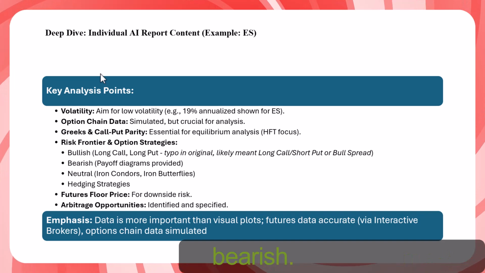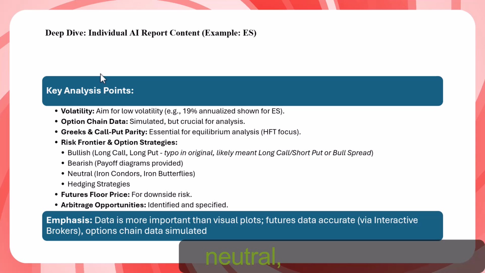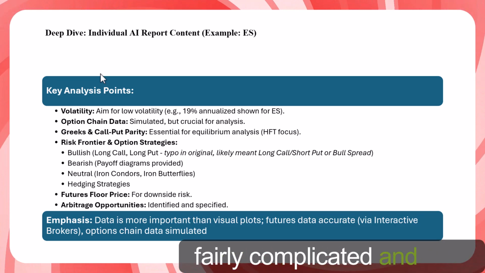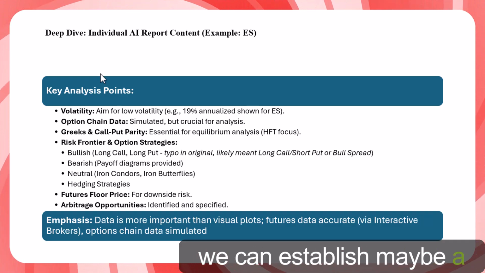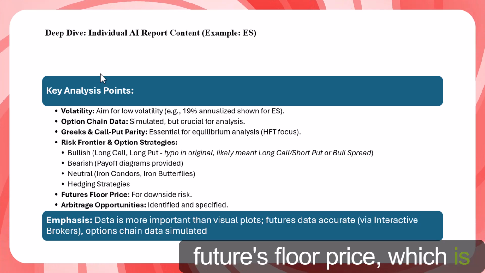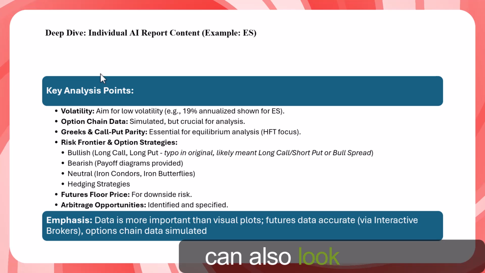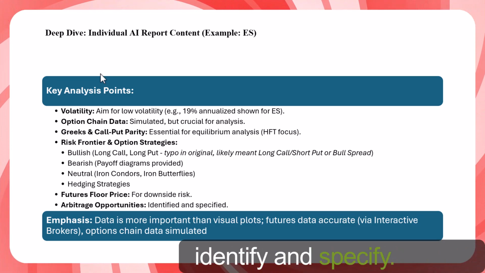Could be bearish, with all payoff diagrams, of course, or neutral, be it iron condor or iron butterfly, which are fairly complicated. Then there could be hedging strategies as well. We can establish maybe a futures floor price, which is going to limit your downside risk. So we can also look at potential arbitrage opportunities and identify and specify them.